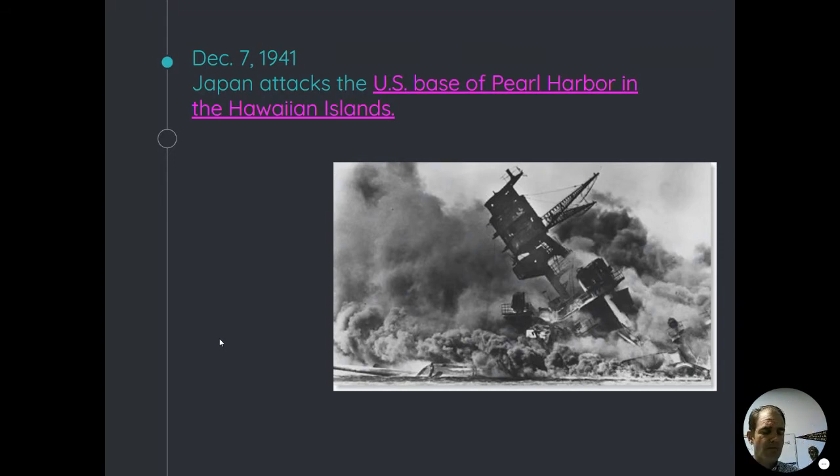And when they ran out of fuel and they ran out of weaponry, bullets and bombs, then once they ran out of those, they piloted their planes into the ships to cause as much damage as possible. So this attack was essentially the beginning of the war for the United States. It was shortly thereafter that we declared war on Japan and joined in World War II.